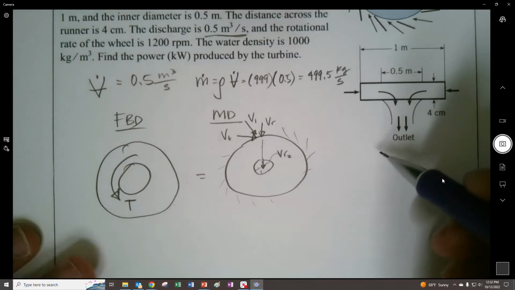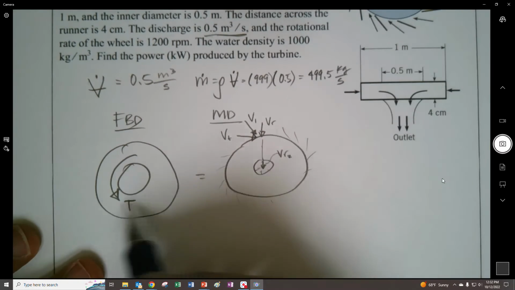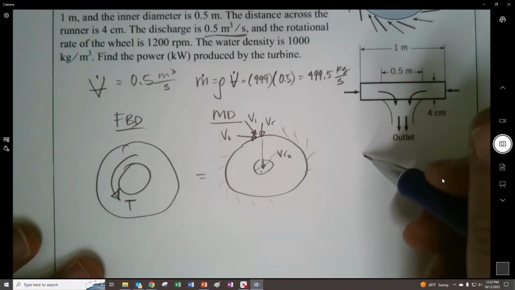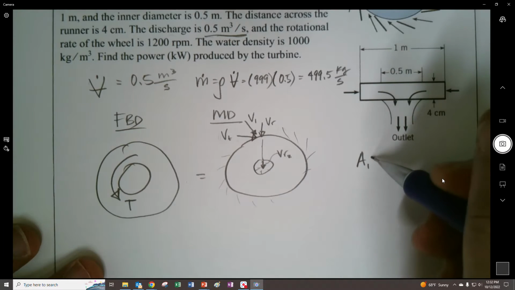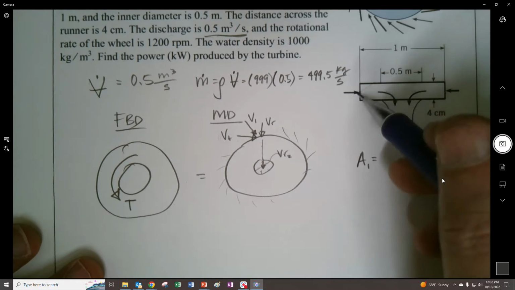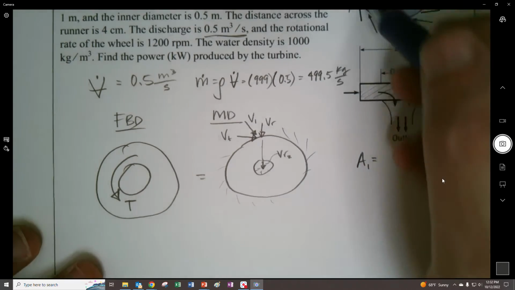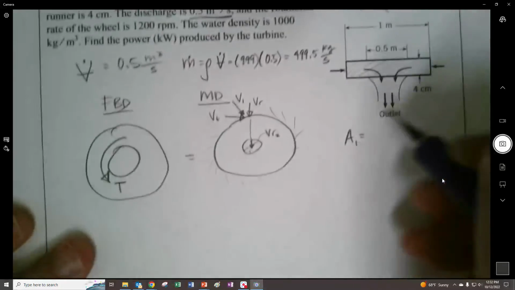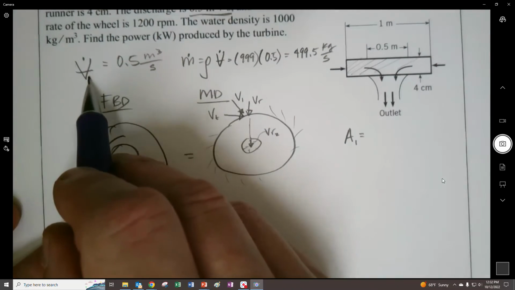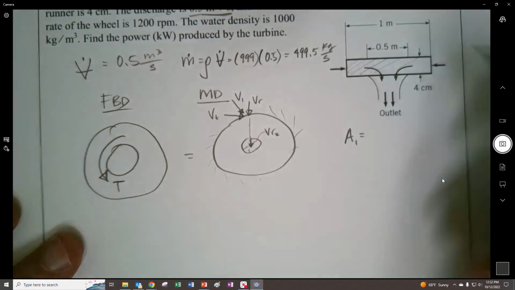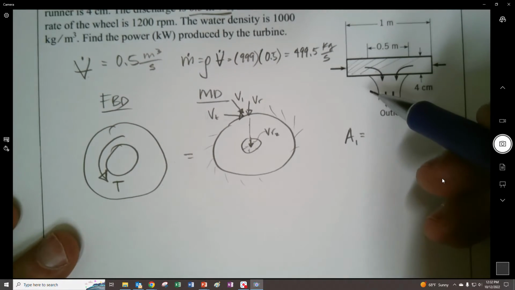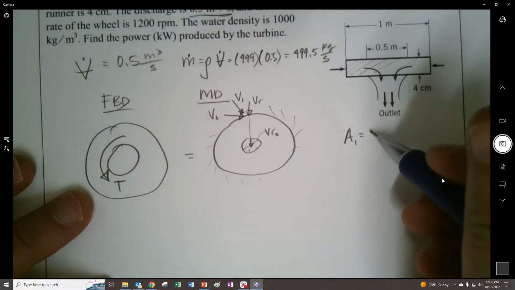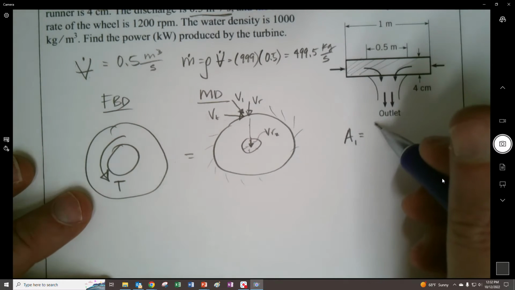I will have some stuff over the side that I might want to work on first. I might want to have the area of this band on the outside, right? This area of the thing coming in, because I know the flow here, so I can find my radial velocity coming inwards because of that.